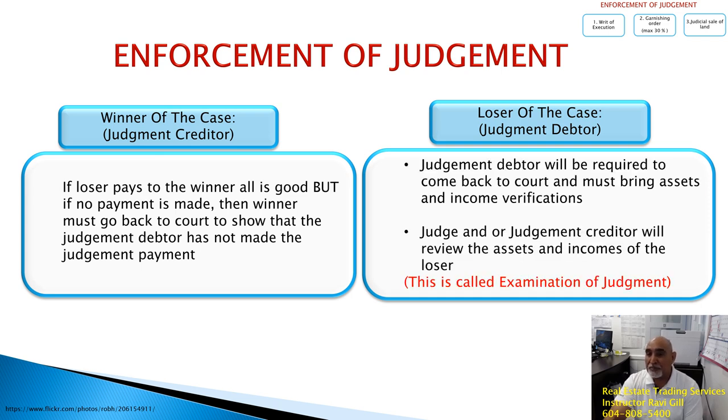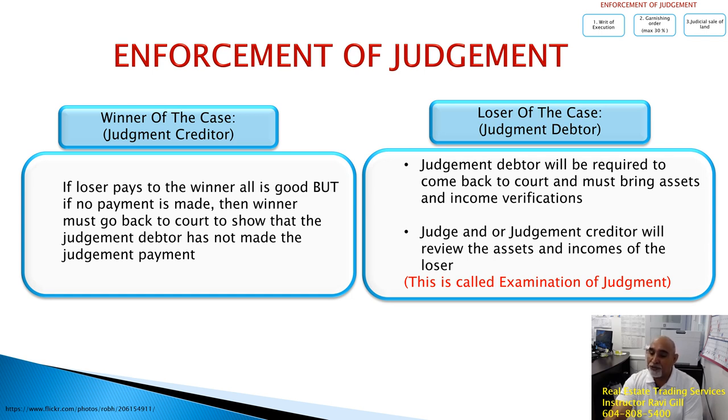Then the judgment debtor will be required by the court to come to court and bring his assets and income verifications. Then the judge and or the judgment creditor will review the assets and incomes of the judgment debtor.